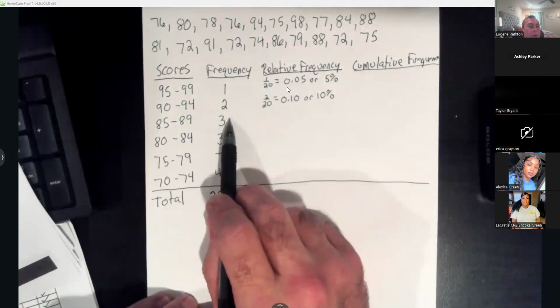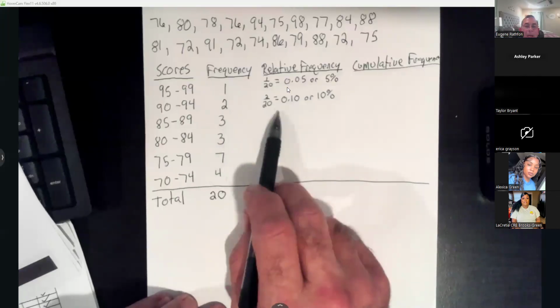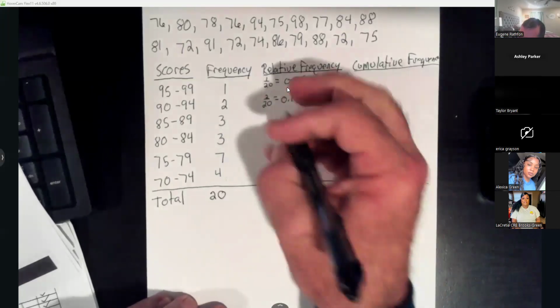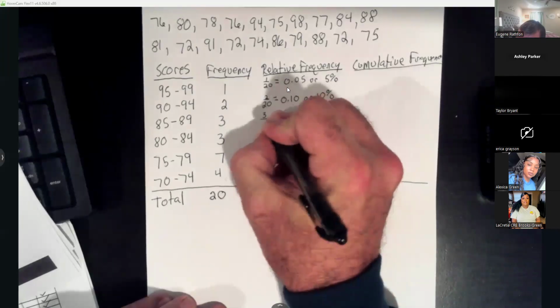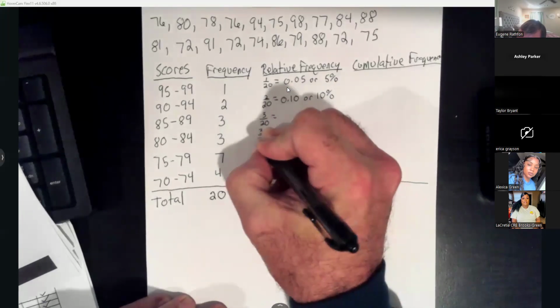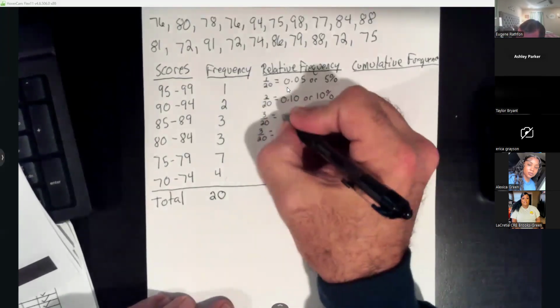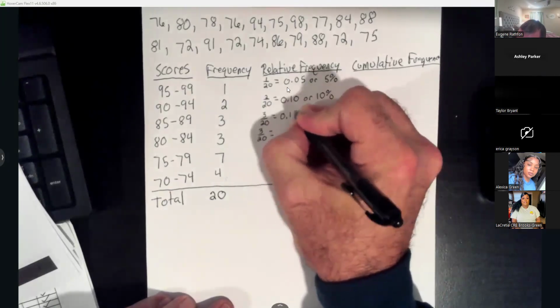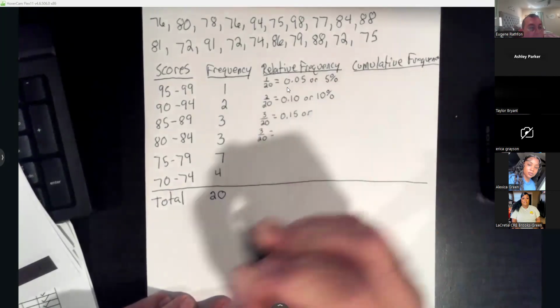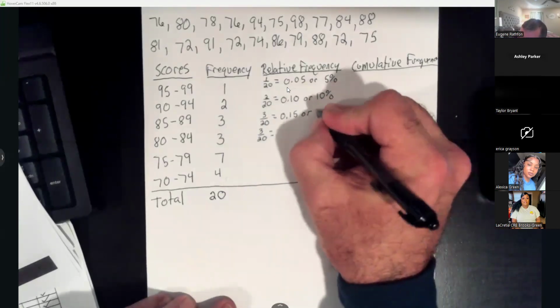All right, y'all, looks like y'all got it. These next two have 3 on them. So they're going to have the same relative frequency. So we need to figure out 3 divided by 20. And that'll be for both of these. All right, so y'all getting a 0.15 or 15%. Good job.